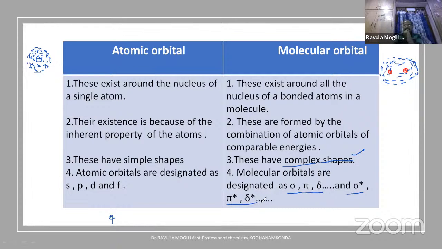Sigma, pi, and delta are bonding molecular orbitals. Sigma star, pi star, and delta star are anti-bonding molecular orbitals. So these are the differences between atomic orbitals and molecular orbitals.